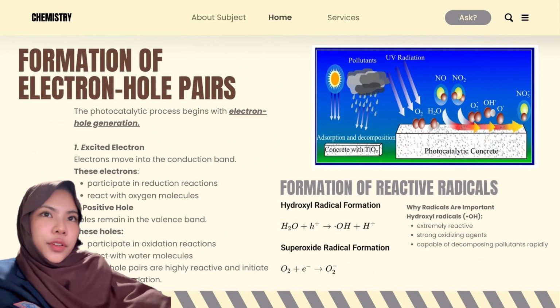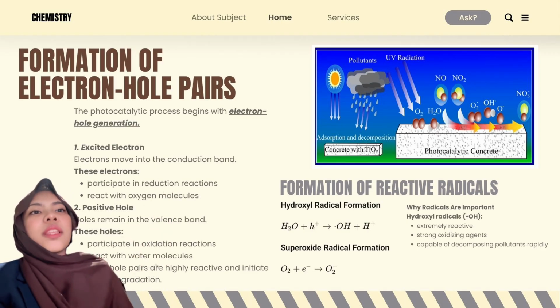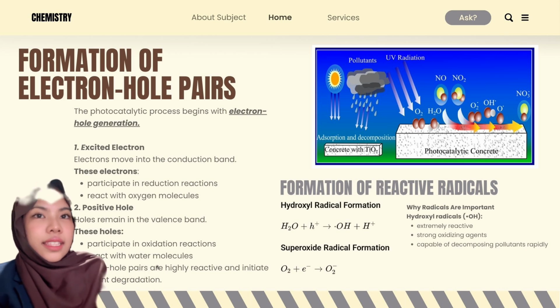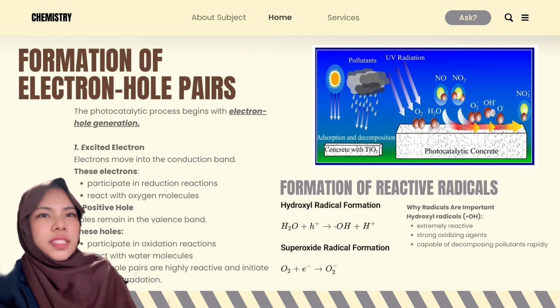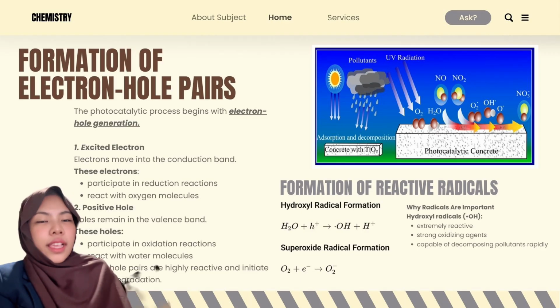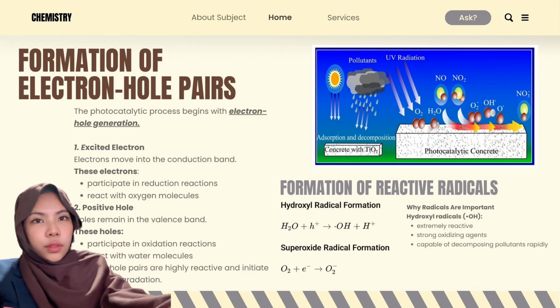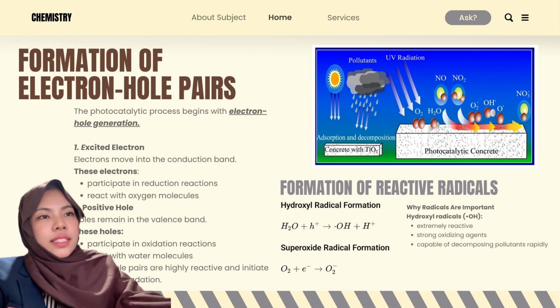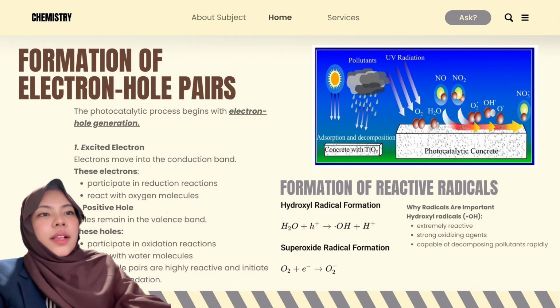Formation of electron-hole pairs. The photocatalytic process begins with electron-hole generation. The first one is the excited electron that moves into the conduction band. This electron participates in reduction reactions and reacts with oxygen molecules. Number two is the positive hole. Holes remain in the valence band. So you guys can see the formation of reactive radicals.